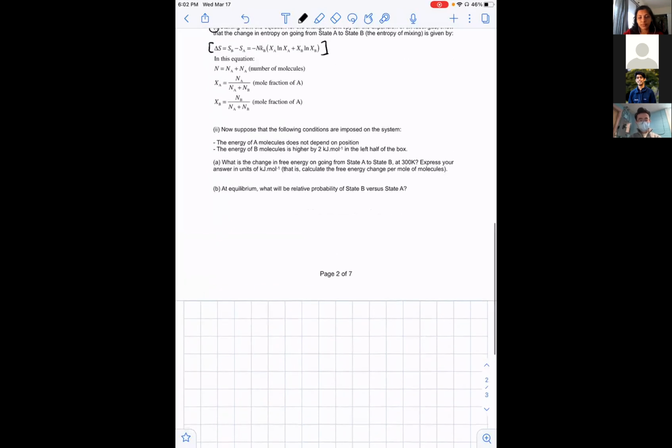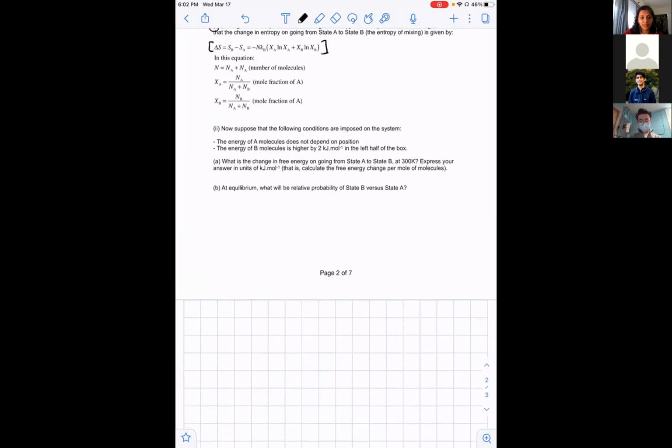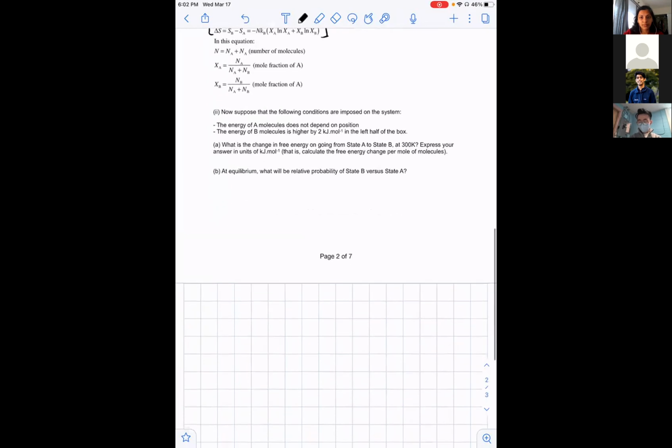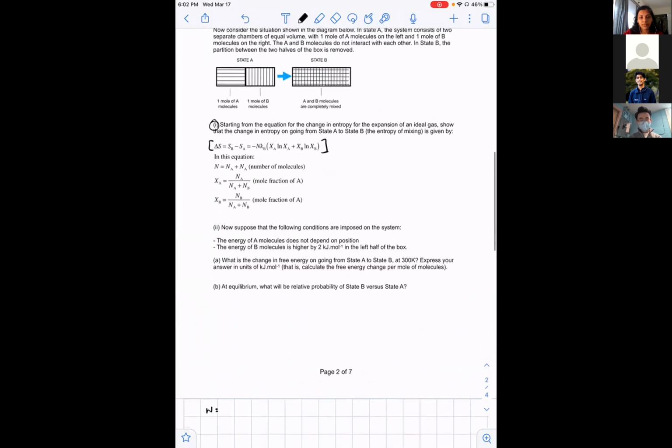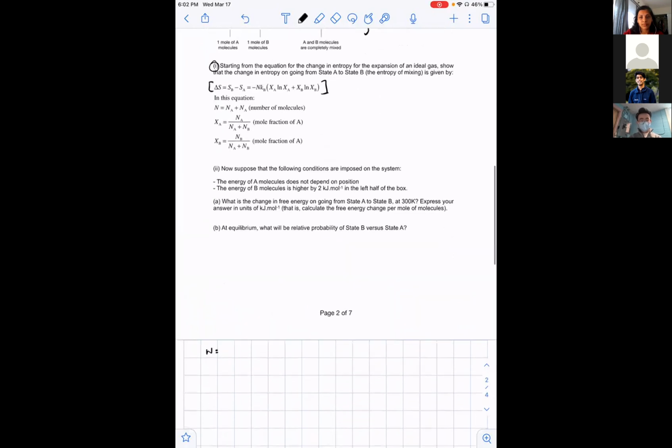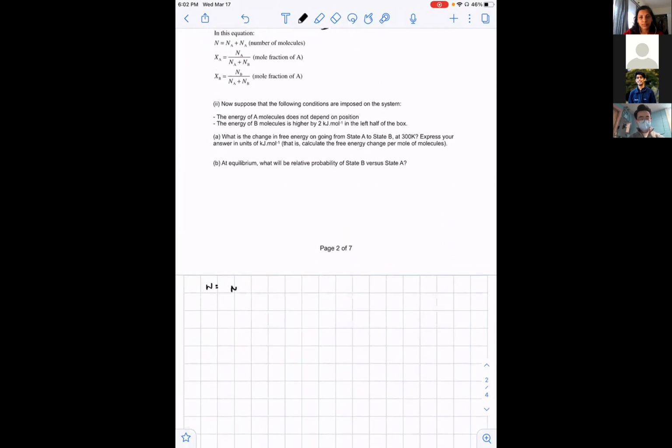So we know from lecture, and I won't derive this, that the multiplicity of a system that looks like this, going from state A to state B, is given by the number of particles in A plus the number of particles in B, factorial, over A factorial, B factorial.